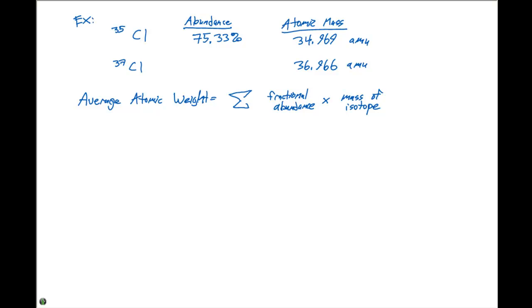In this case, we have two isotopes, so this summation or this formula is going to include two numbers.